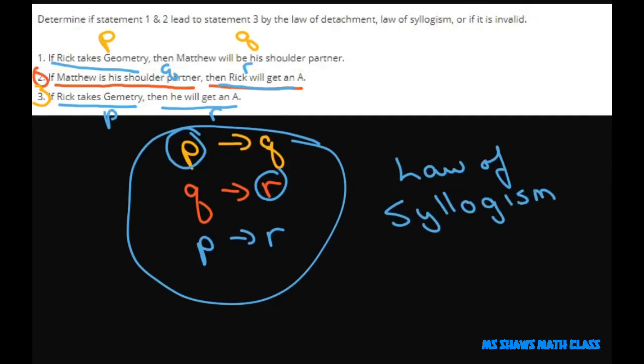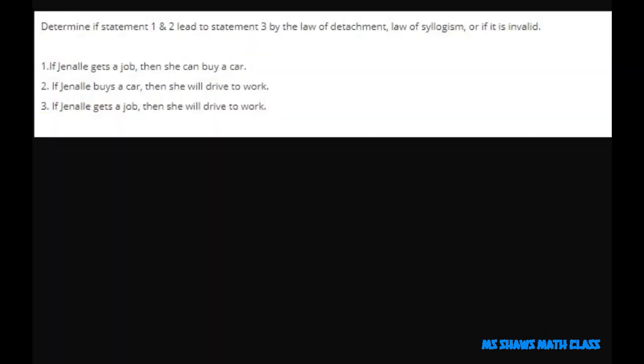All right. Now let's look at another one. If Janelle gets a job, then she can buy a car. So there's your hypothesis, then your conclusion. If she buys a car, then she will drive to work.